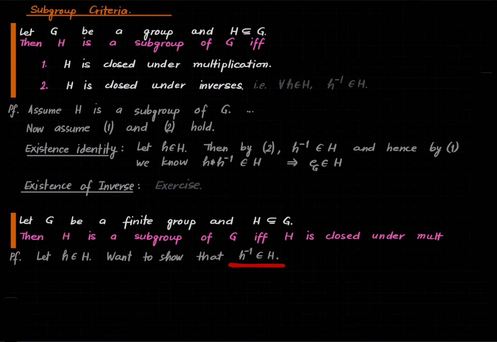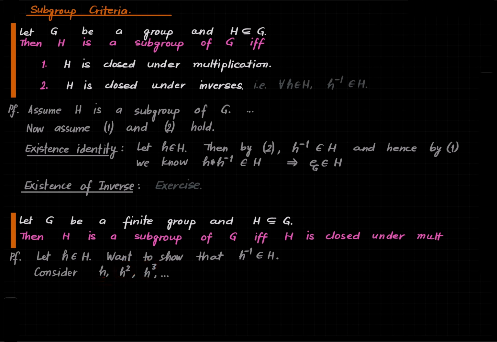Okay, so we want to do this, but here is the interesting idea. So consider the sequence h, h squared, h cubed, and so on. All of these things lie in H. H was closed under multiplication, so this is in H. By the same reasoning, this is in H, and we have a sequence in H.